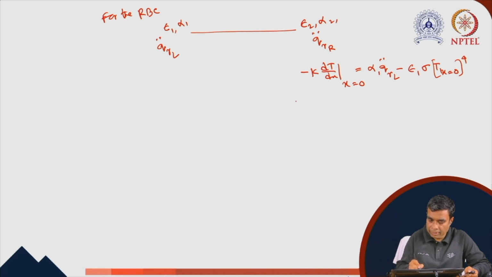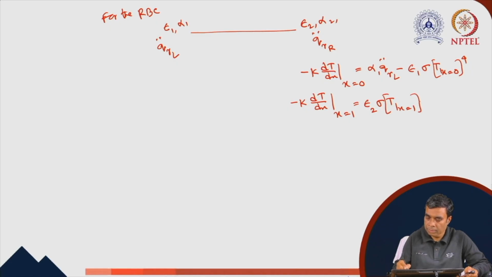At the right boundary, the same condition is altered to k dT/dx at x equals 1 equals epsilon 2 sigma T at x equals 1 to the power 4 minus alpha 2 Q_R right double dot.